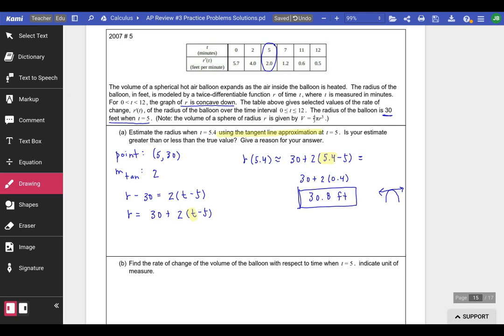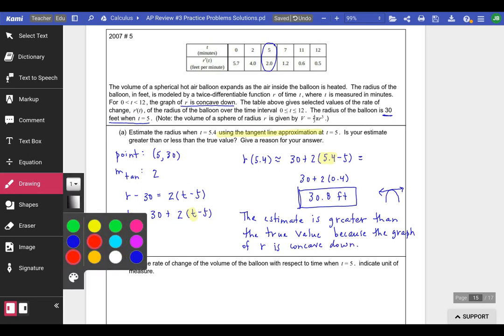So we would say the estimate is greater than the true value because the graph of r is concave down. Sorry about my messy writing.